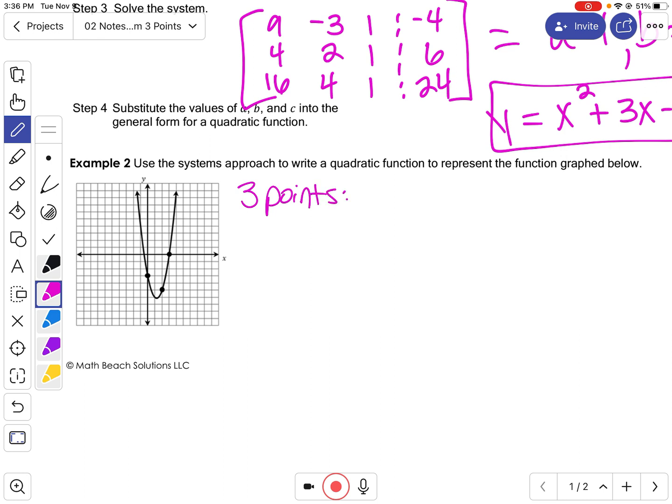So the 3 points are (0, -3), (2, -5), and (3, 0). So we're plugging in.